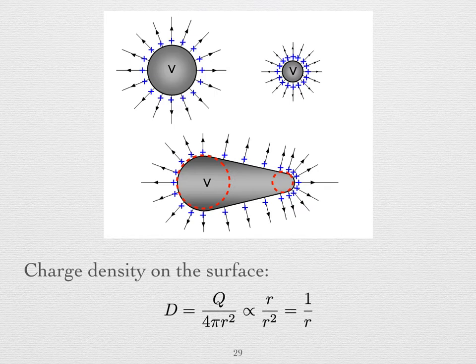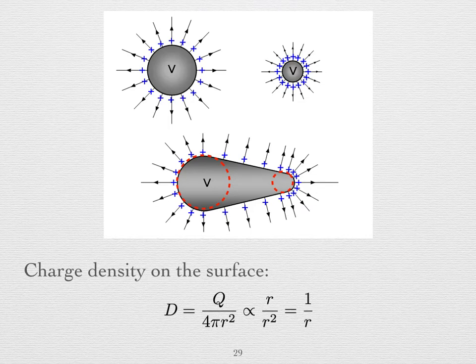For a ball, the charge density on the surface would be whatever charge we have over 4 pi r squared. So 4 pi r squared is the area, and Q over the area is the charge density.